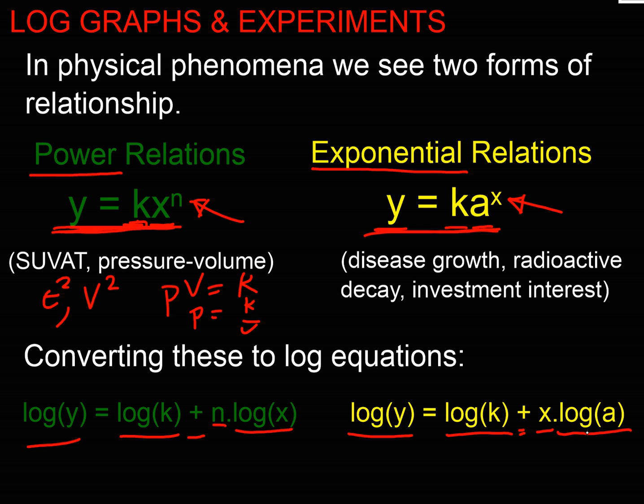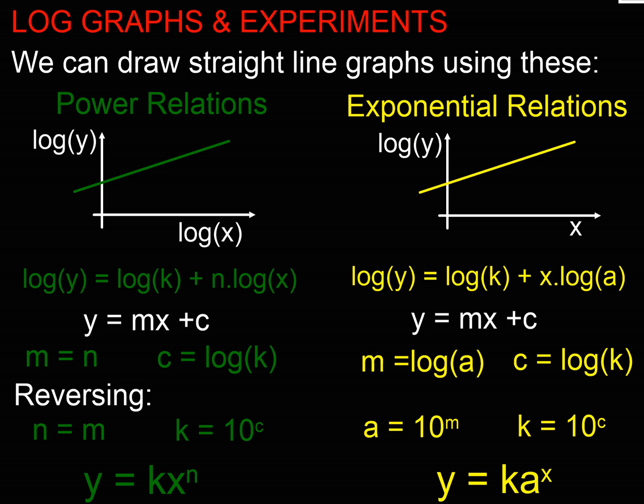So we've got linear relationships if we think about plotting them. On the power relationship we've got a log x here, and on the exponential relationship we've just got an ordinary x there, haven't we? So let's see how we can use that next.